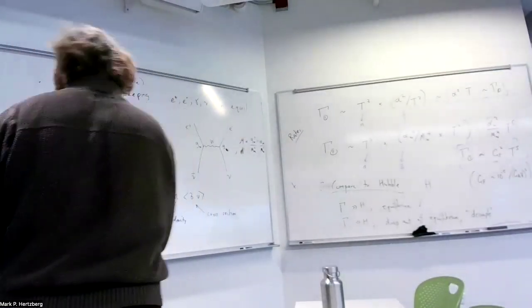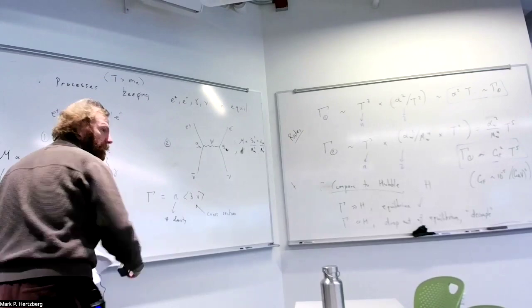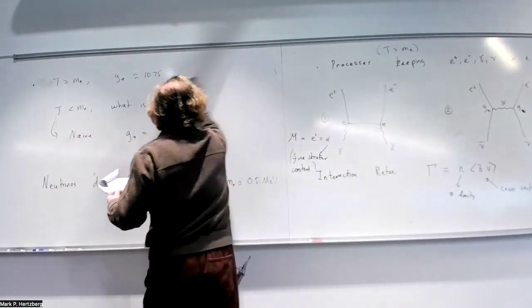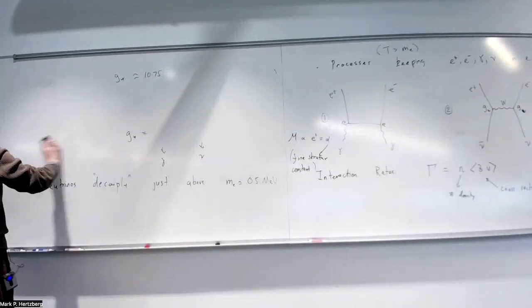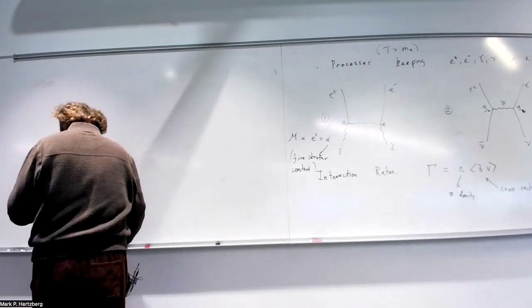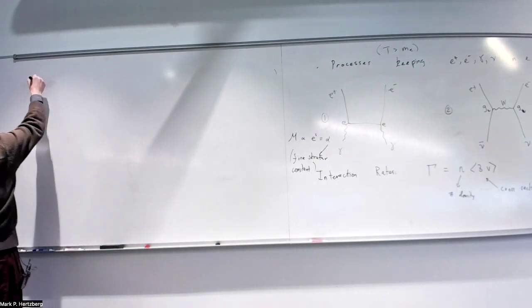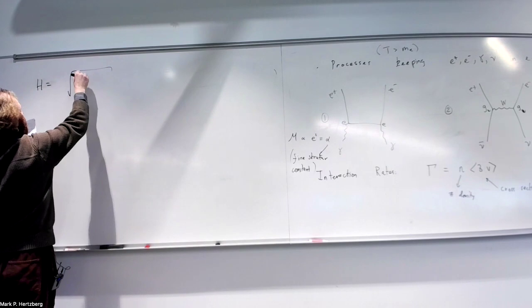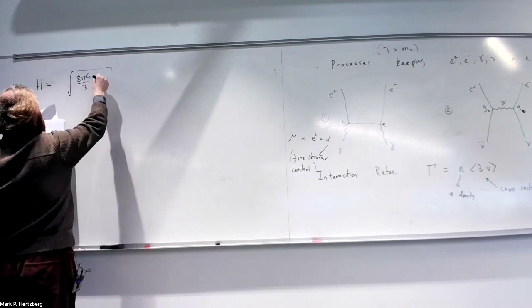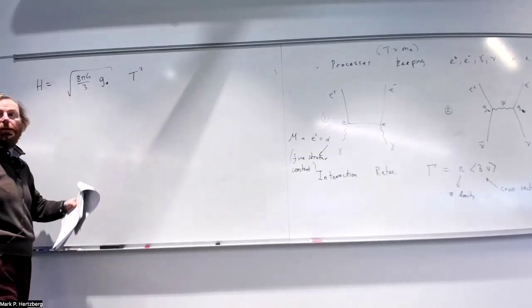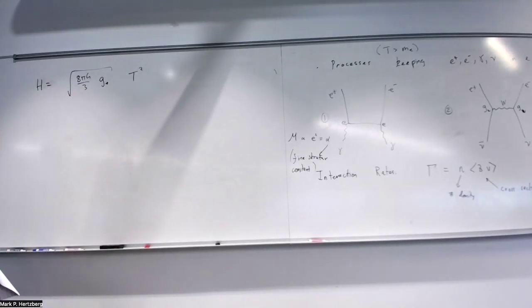All right, so let's just finish off that thinking. So let's compute H then. H is root 8 pi G over 3 G star T squared. And again, I just want to give you an estimate.